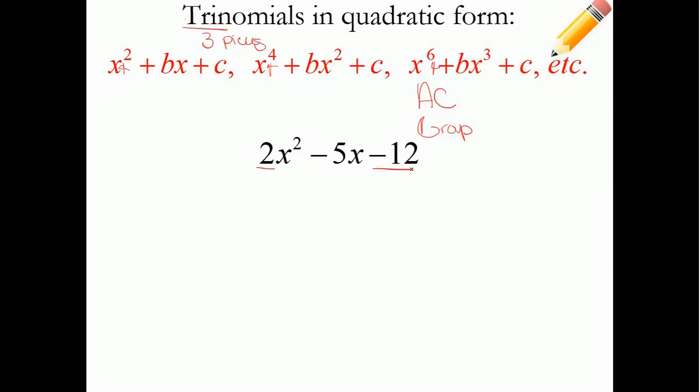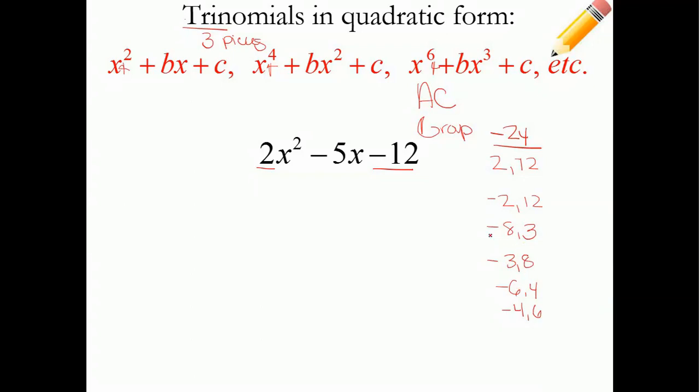2 times negative 12 is negative 24. Now, let's list all the possible ways to make 24. 2 and negative 12, negative 2 and 12, negative 8 and 3, negative 3 and 8, negative 6 and 4, negative 4 and 6. I think that's about it.